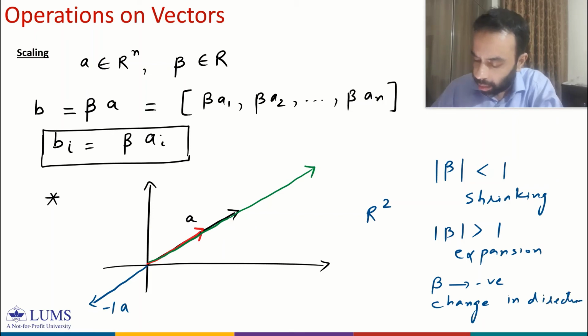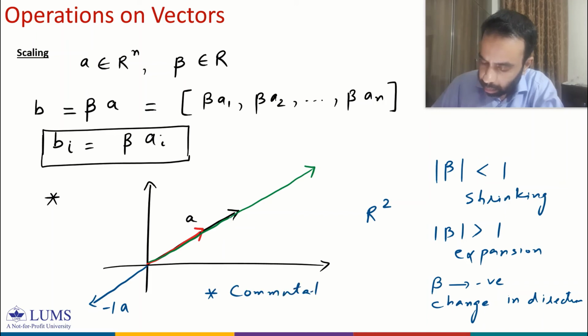And furthermore, we also note that the scaling is commutative. That simply means beta times a would be same as a times beta. And also scaling is distributive over addition.